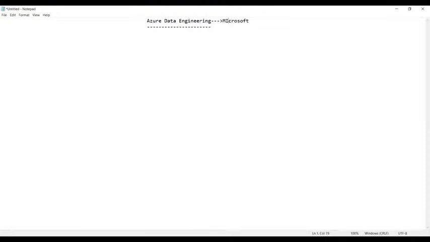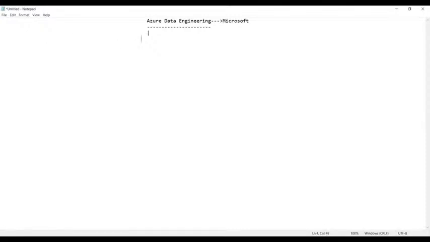Provided by Microsoft, this Azure data engineering offers the following. Here we don't call it a product or a software; it is called a service.